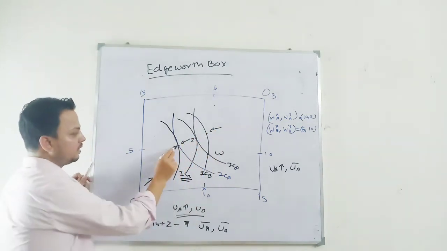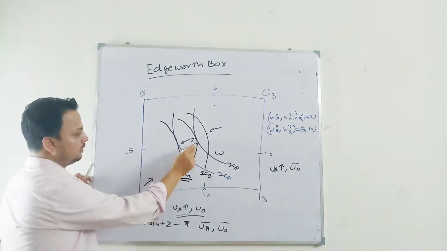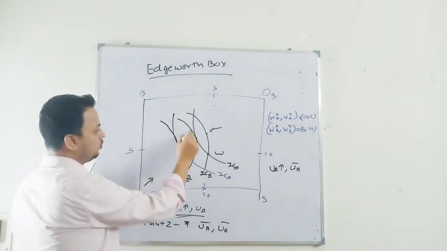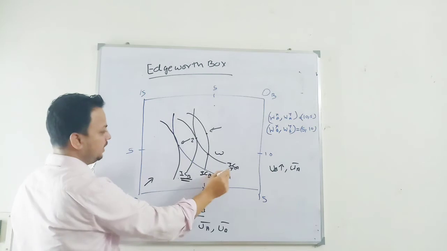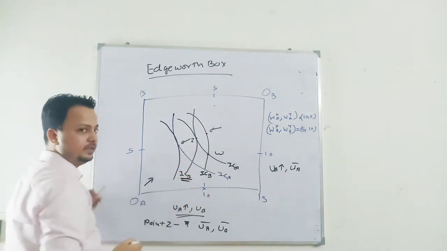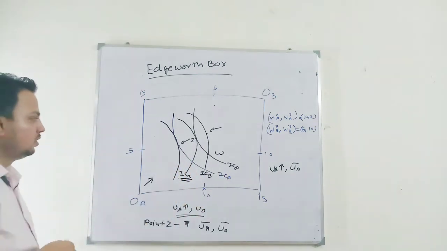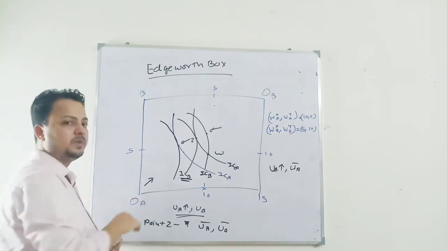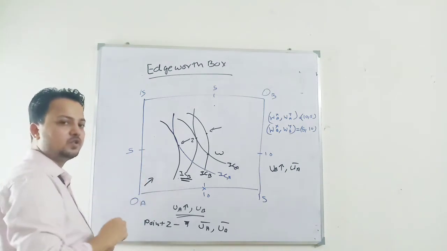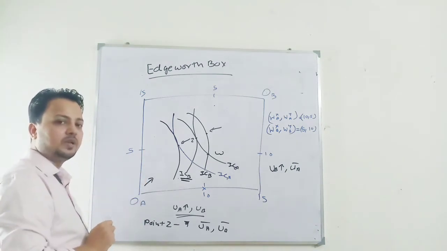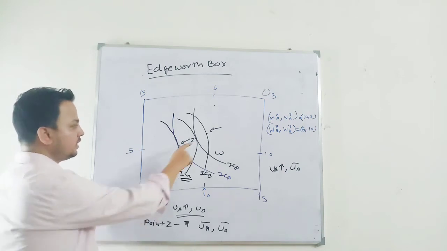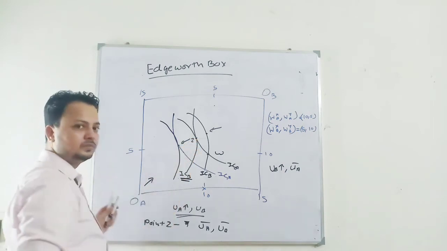I am able to make B better, but again, what is happening to the indifference curve of A? Utility decreases. So if it is only possible to make someone better by making another worse off, it is Pareto efficient. So this allocation is Pareto efficient.